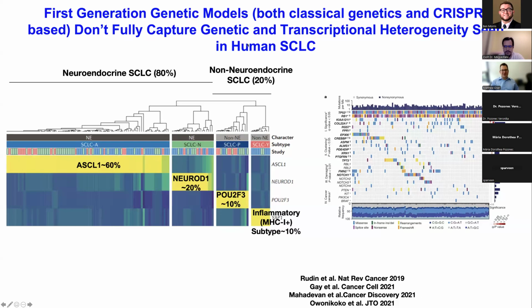Okay, so as I mentioned, the first generation genetic models, both the classical and this CRISPR-based model as well, don't fully recapitulate the transcriptional heterogeneity or even the genetic complexity of small cell lung cancer.